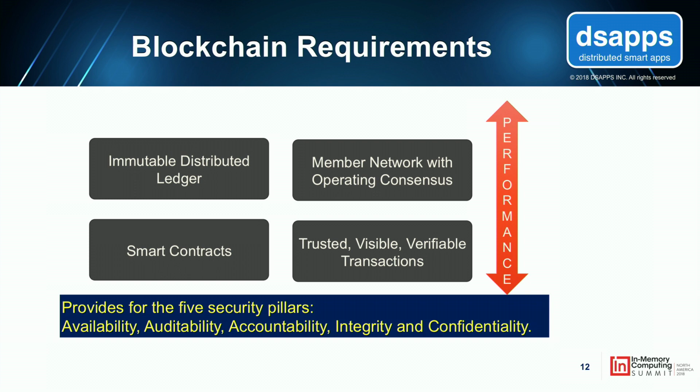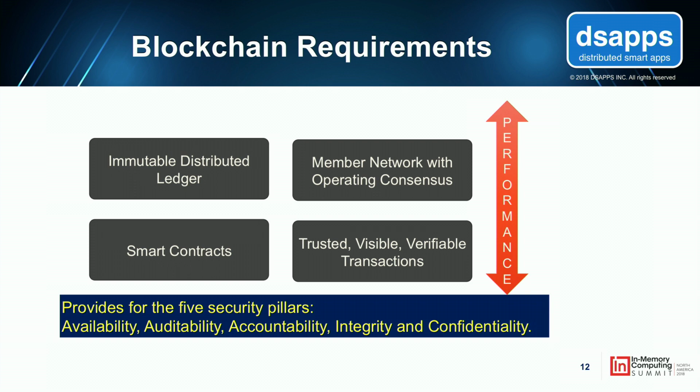Private, you can set up your own consensus method. And then there's this thing called smart contracts, which is basically a programming language. You can set the action: what happens if this happens? If then else sort of thing. So you can define the actions, and all the transactions are trusted, verifiable transactions.